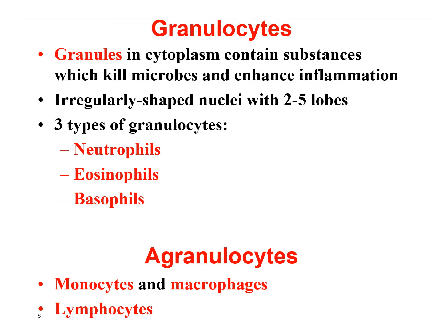So we're going to classify the white blood cells that we see on the blood smear into two groups. We have the granulocytes and the agranulocytes. The granulocytes have granules in their cytoplasm, and they're little membrane-bound sacs of nasty chemicals which they'll use to kill off the invaders and cause inflammation.